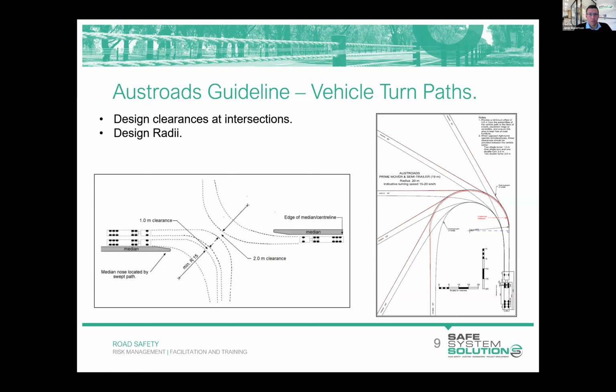So if we've got a situation that's a mandatory stop requirement, we can really wind back the radius to the minimum and assume that a vehicle is making a turn at a really low speed. But in a situation where a vehicle might arrive at an intersection and not have to give way, perhaps get a green arrow, we need to be more generous and assume a larger turning radius and speed.